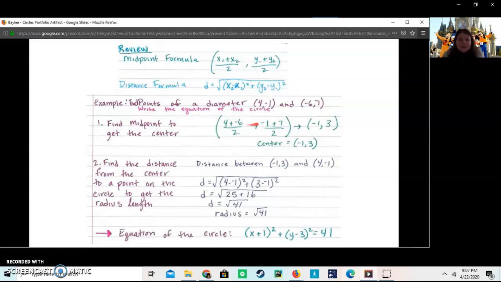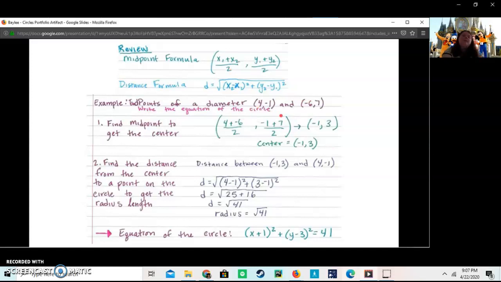So we know that the endpoints of a diameter are (4, -1) and (-6, 7). To find the midpoint to get to the center, you would plug in the first x, 4, add it to the second x, -6, and divide by 2.